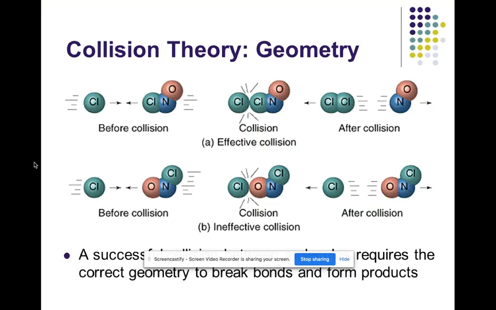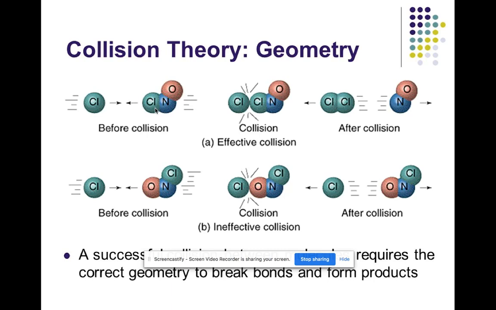So if we look before a collision, in this example, we're going to use some real molecules. Before a collision, a chlorine molecule is going to collide with this chlorine nitrogen oxygen molecule. Now, chlorine likes to be next to chlorine, right?